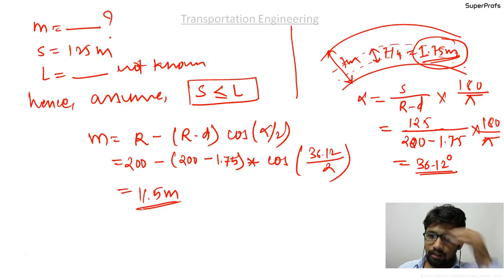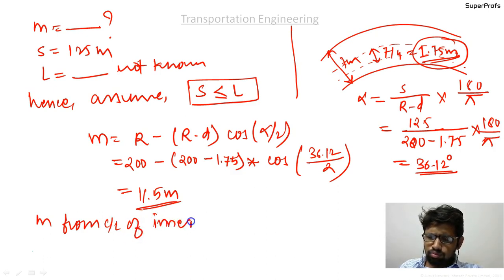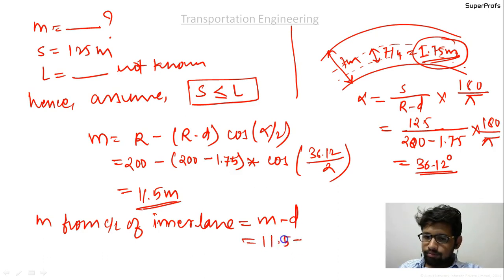As I discussed in the class, the setback distance from the center line of the inner lane equals m minus d, that is 11.5 minus 1.75, which is equal to 9.75 meters.